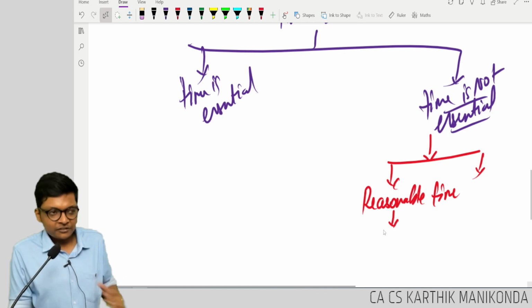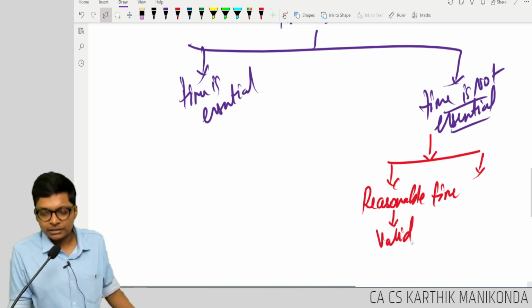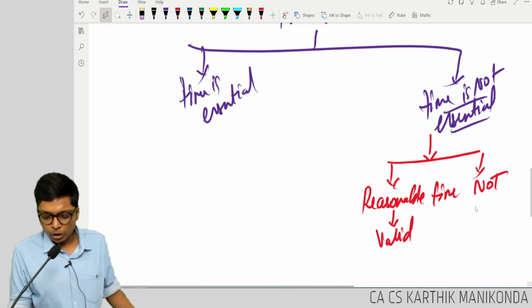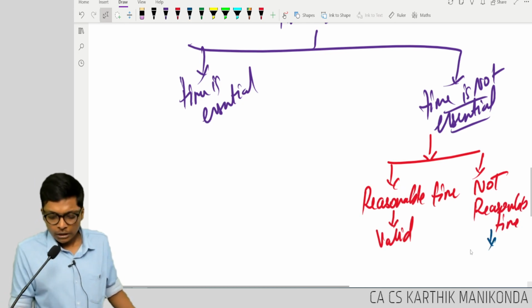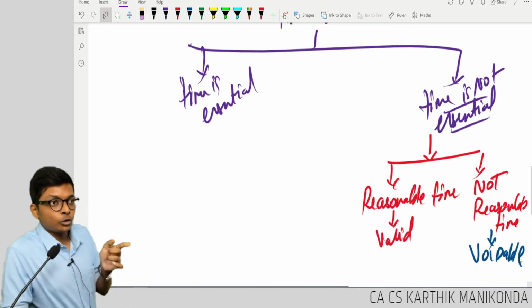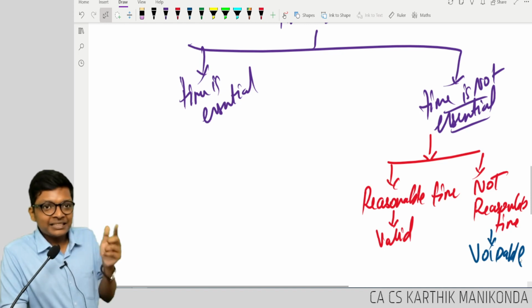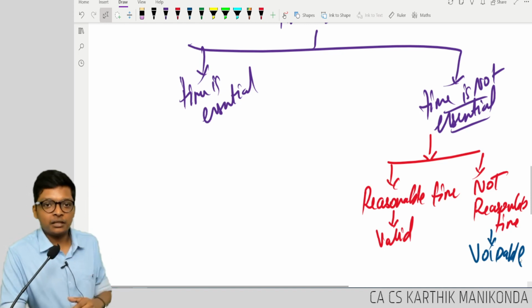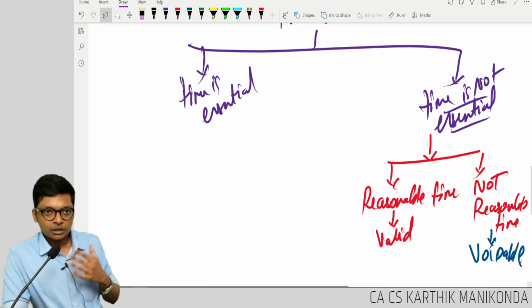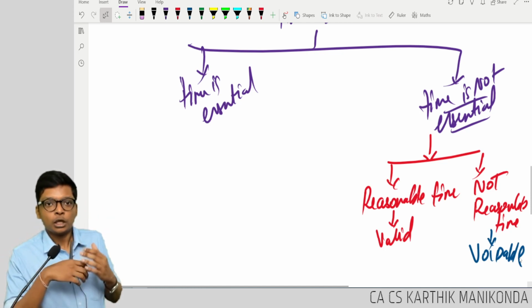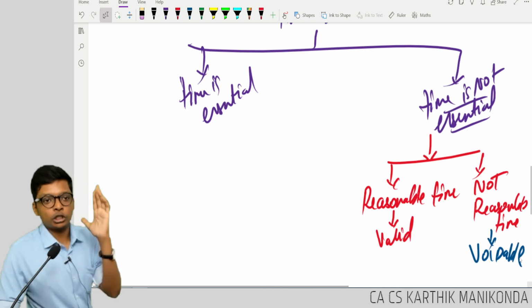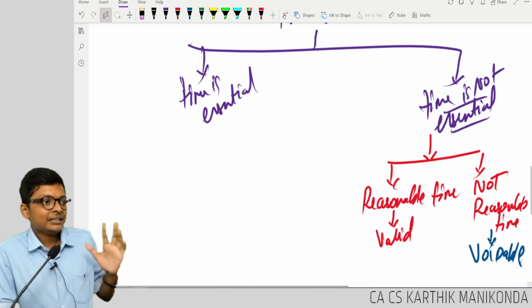If it's within reasonable time, then the contract is valid. If not within reasonable time, then it is voidable. If it comes to you after 6 months, you can still accept or you can cancel. Correct? Are you following, guys? Shirt you ordered, it should come to you within 10 days. It came after 3 months. You can cancel it or accept, your choice. That is when time is not essential.